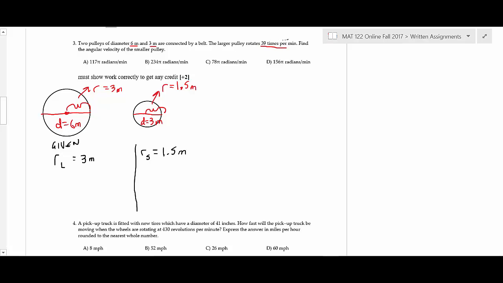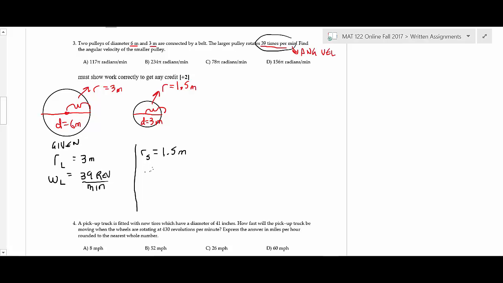Now, it says the larger pulley rotates at 39 times per minute. So again, that is an angular velocity, because it's given in revolutions per minute. So I'm going to write this down as the angular velocity of the large pulley, and it says it does 39 revolutions per minute. That's what it's implying by the way that's stated.